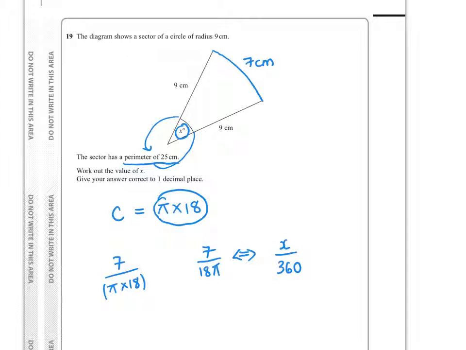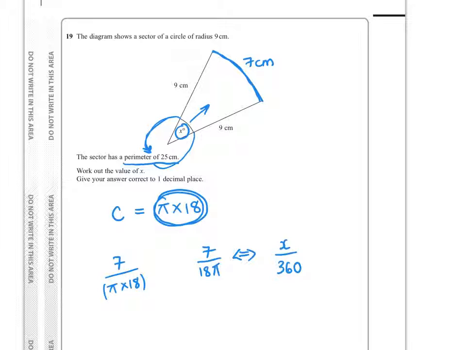So think about it. X, the angle, tells us what fraction 7 centimetres is out of the entire circumference, which we can work out. We know that an entire revolution is 360 degrees, so x over 360 has to be in proportion to 7 over 18 pi.